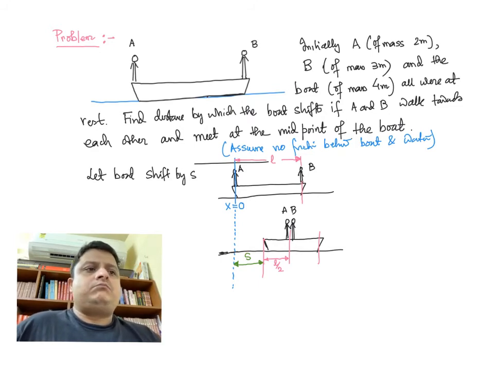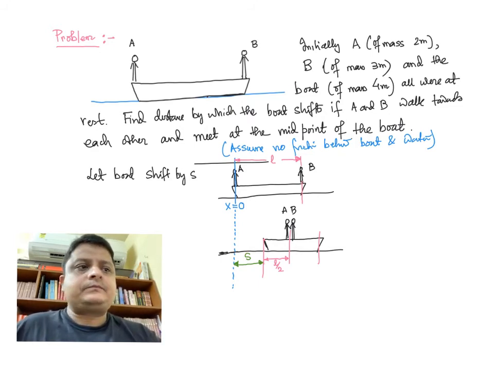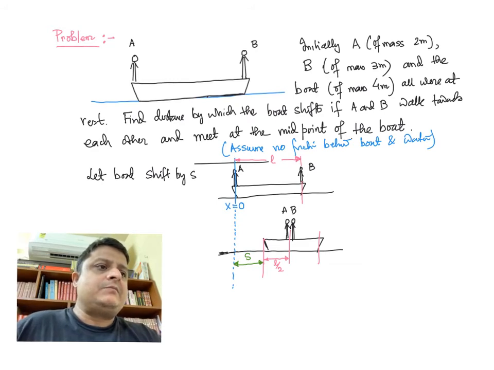Okay, now a simple equation. Mass of A times delta x A, that means just the shift, plus mass of B times delta x B, plus mass of boat times delta x boat.